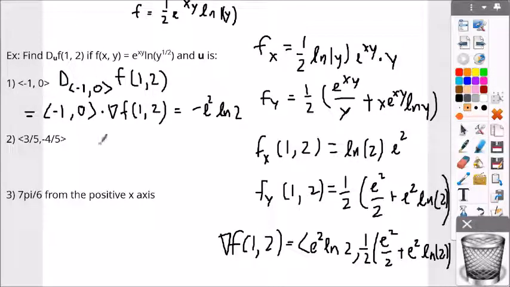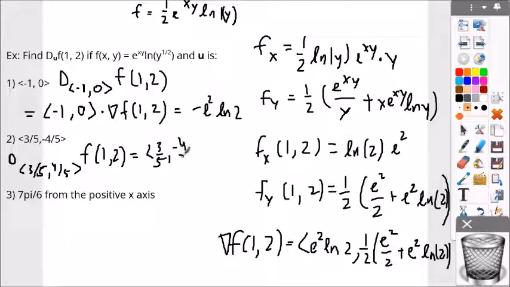So let's keep going. Now we have the direction 3/5, negative 4/5 of f at 1 comma 2. That is the direction dotted with the gradient of f at 1 comma 2, which is really messy.